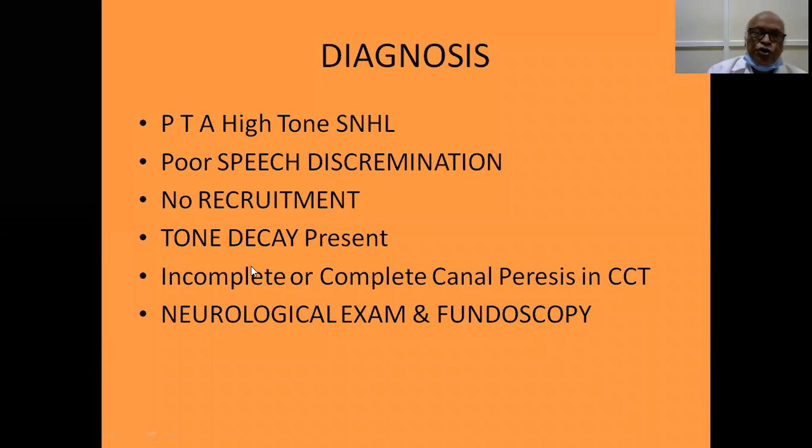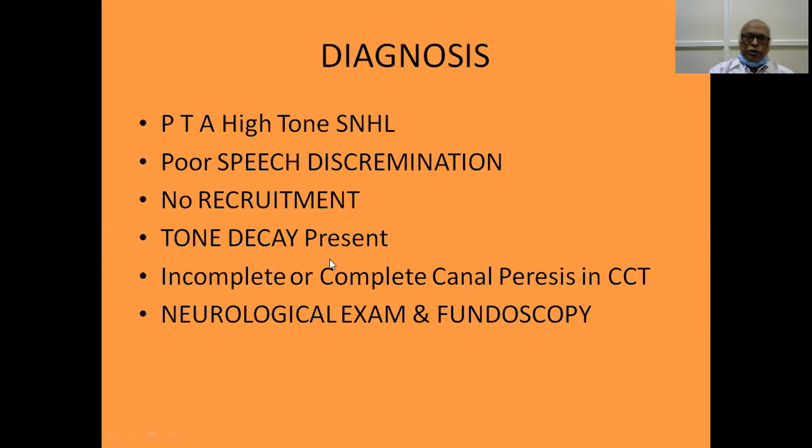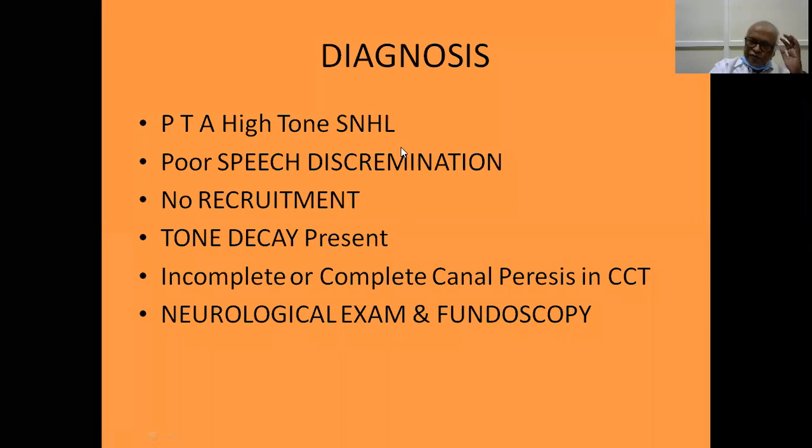The next test is tone decay. What is tone decay? If you apply a particular sound at a particular frequency, it is heard for a particular period. But in individuals suffering from a retrocochlear lesion like acoustic neuroma, there will be what is known as tone decay.